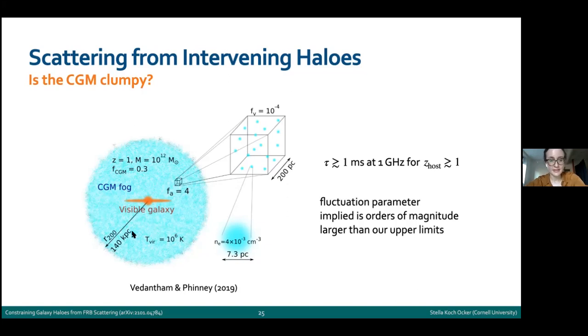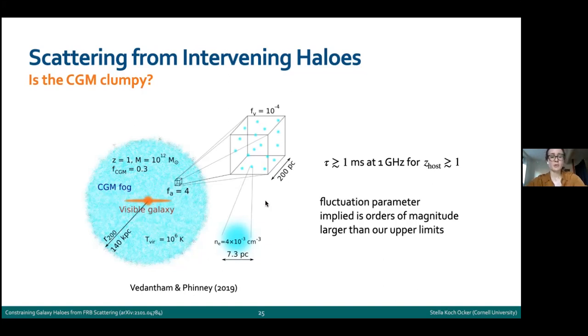So this diagram is showing you one kind of typical model of the clumpy CGM, or as Vedantam and Finney call it, the CGM fog. And so you can see this cooler gas with very low filling factor embedded in this hot medium.